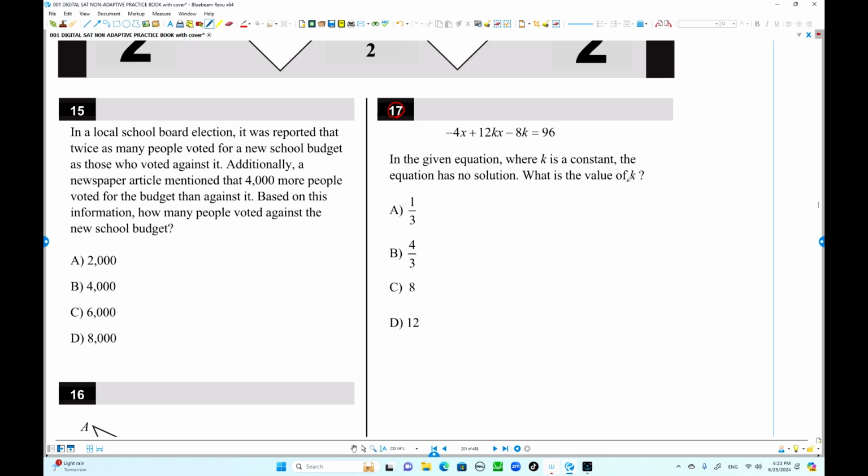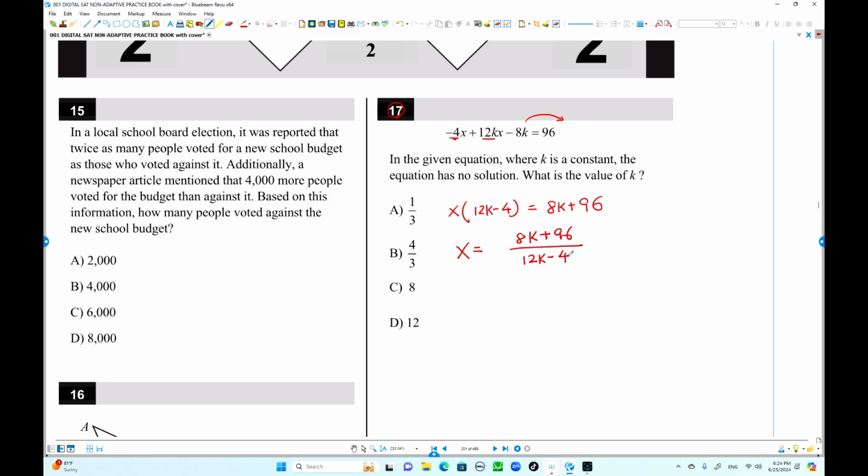Now let's find the solutions. This is the x over here, right? So I'm going to let x move out. I'm going to write this 12k minus 4 here with x, and that equals, I'm going to move to the right, positive 8k plus 96. Now let's find solutions: 8k plus 96 over 12k minus 4.